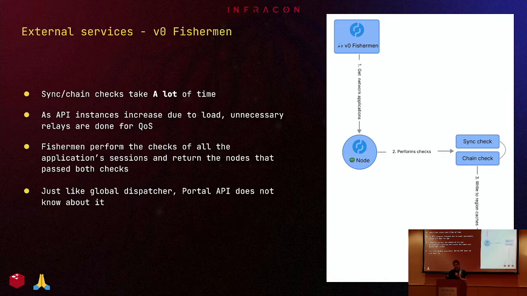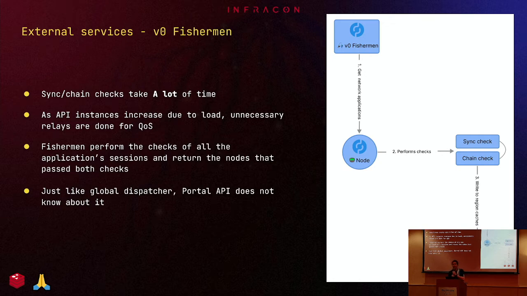That gives us another advantage, especially on speed, as relays that perform checks take a lot of time. They could take more than 5 seconds, but now with the fisherman, the final result time is reduced by a lot. When you start, for example, with a new application and you perform your first relay, you always seem to think that it was much slower.